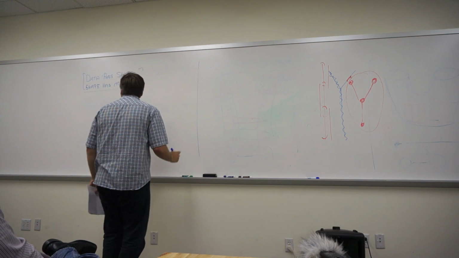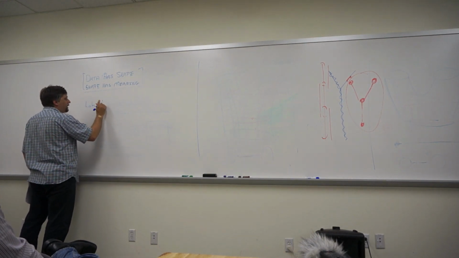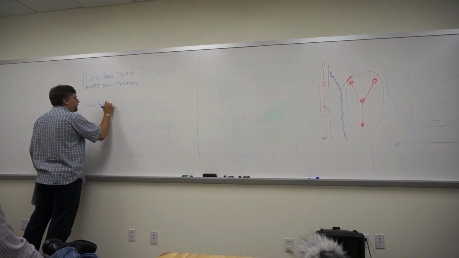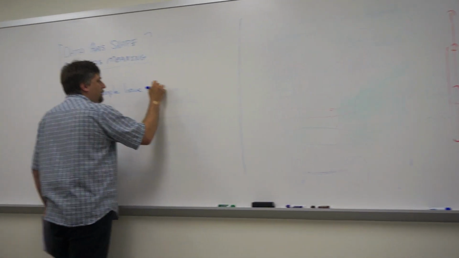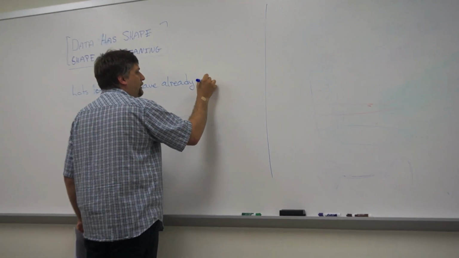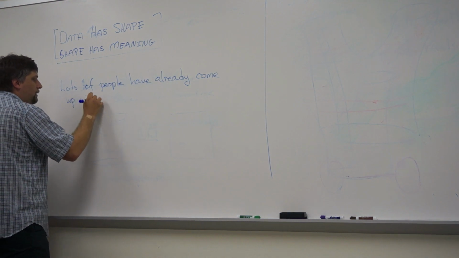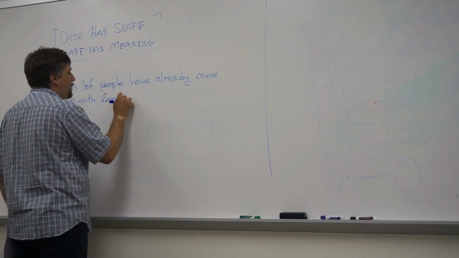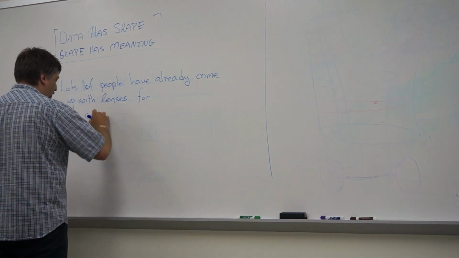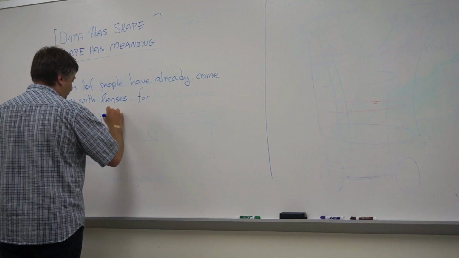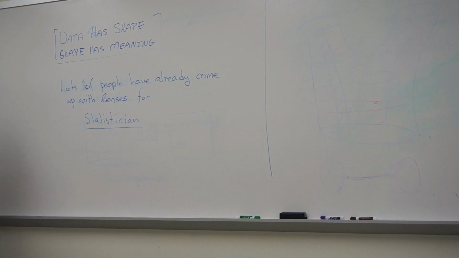The point is that lots of people have already come up with lenses for us, and they just didn't know that they were coming up with lenses. Statisticians, there might be some of you in this room, have been working for hundreds of years on lenses for us.